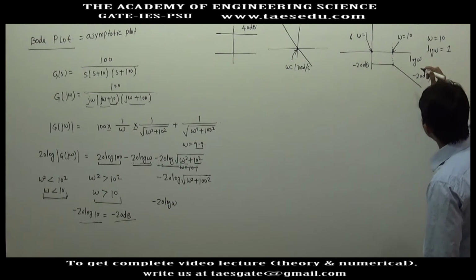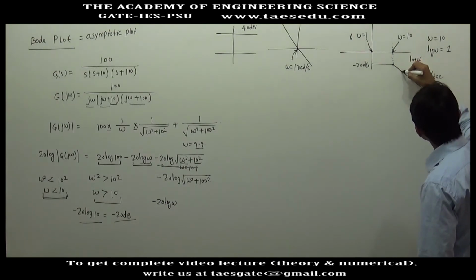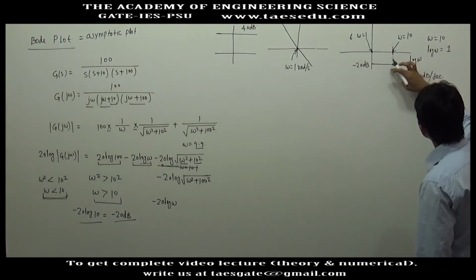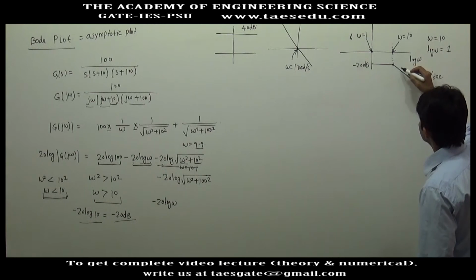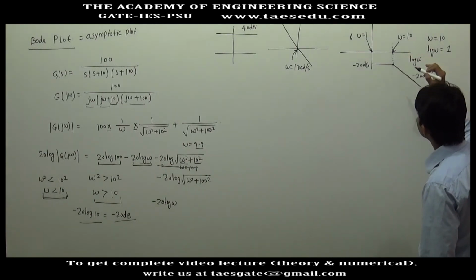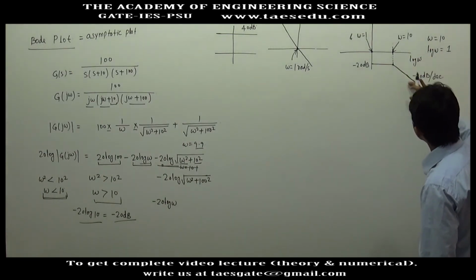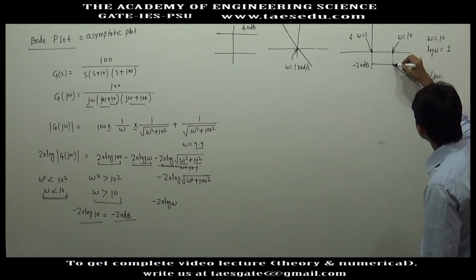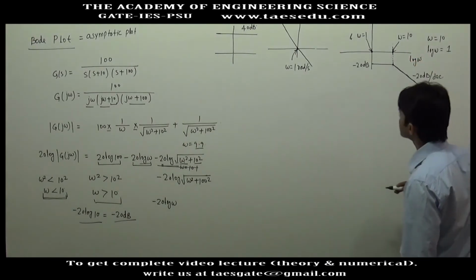You don't need to find out from which point this graph will begin, because we have already seen that the two graphs will always meet at the corner frequency, and you already know the corner frequency. So you will start this graph from the corner frequency only. You have one point for this graph and the slope, so you can plot it.